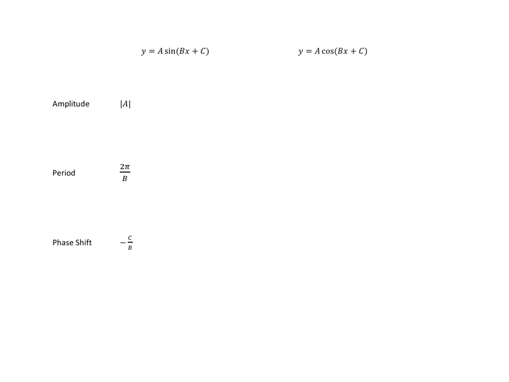So for example, if you had y equal to -4 sine of 2x minus pi, well here we're saying that a is equal to -4, b is equal to 2, and c is equal to -pi.